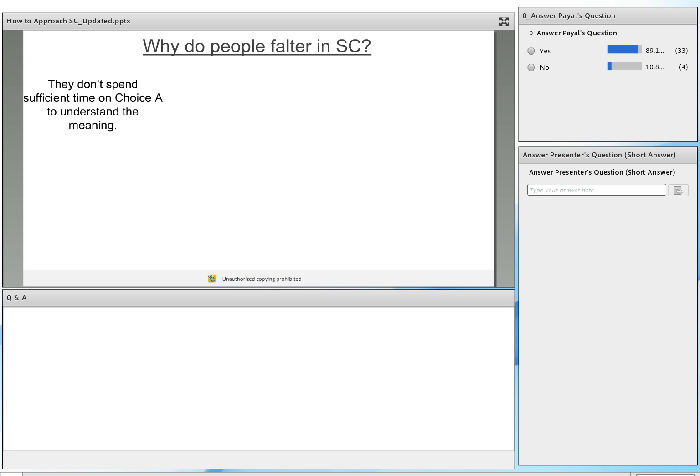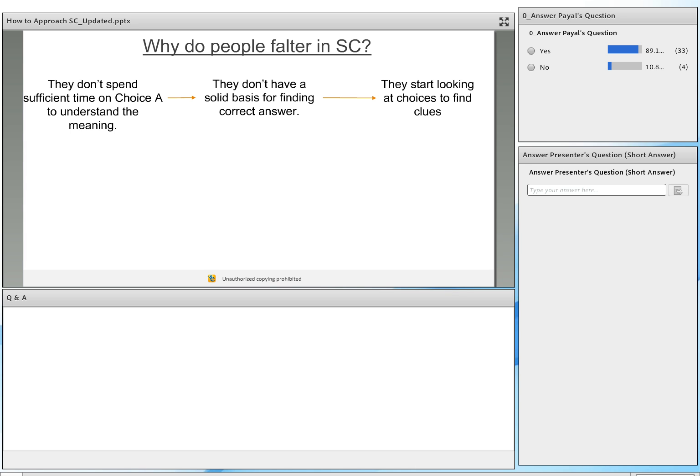They don't spend sufficient time on choice A to understand the meaning, which leads to them not having a solid basis for finding the correct answer. When they look at the answer choices, they're looking for clues. They think, okay, I've read the original sentence, I don't know what's going on, let me get some clues from the answer choices.